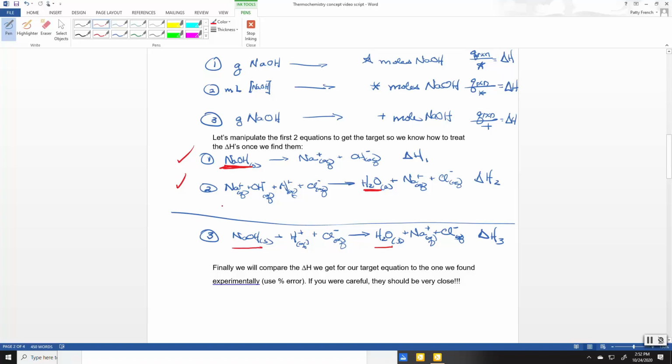So now let's see if everything else cancels, because it looks like we've got a lot of extra stuff. Remember, we consider all the reactants on the left-hand side of the arrow and all the products on the right-hand side of the arrow, and we see if we can cancel anything out. Now let's see. I can cancel out 1 sodium on the reactant side and 1 sodium on the product side. I can cancel out a hydroxide on the reactant side and a hydroxide on the product side.